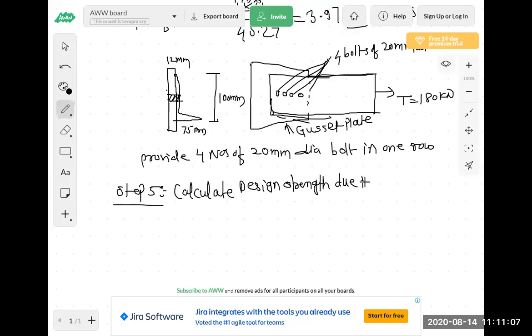Calculate design strength due to yielding of cross section.